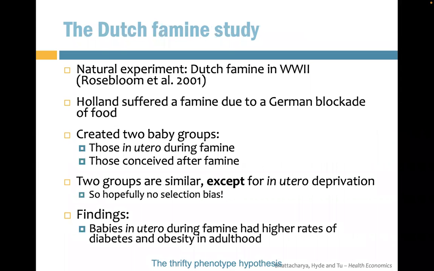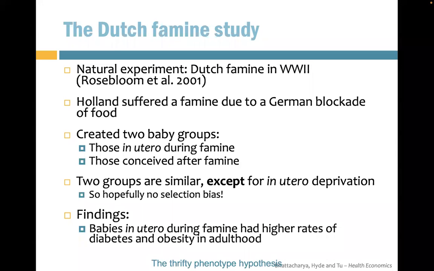The study they find is the Dutch famine in World War II. In Holland, they suffered a famine due to a German blockade of food. This famine created two baby groups. One group of babies were in utero during the famine, and another group was conceived after the famine. We think of these two groups as apple and apple, except that one experienced deprivation in utero.